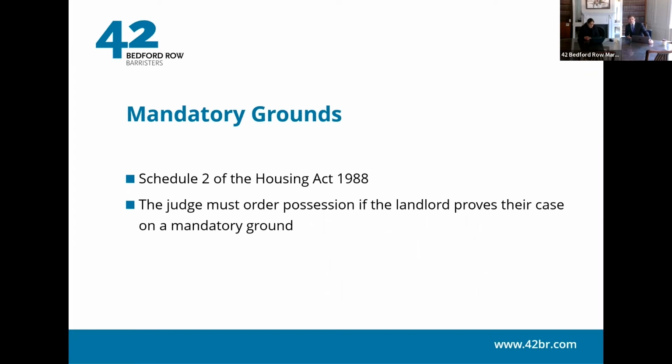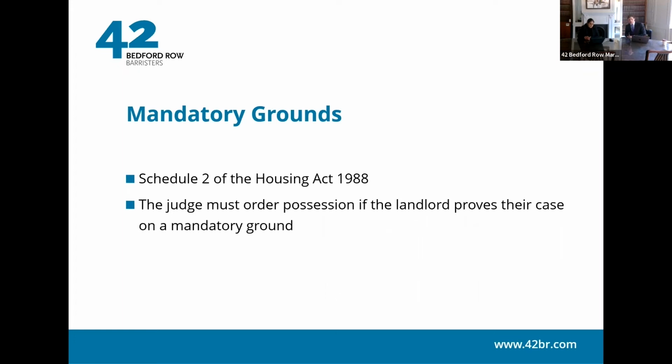And of course, with the rent arrears mandatory ground, you're hoping that the rent arrears are still outstanding on the day of the trial. It's quite an easy ground to defeat if the tenant just pays off the arrears. So if you're going to go down that road, without going through that particular ground in great detail in this particular seminar, it's always worth, if there are rent arrears, pleading some of the discretionary grounds as well.